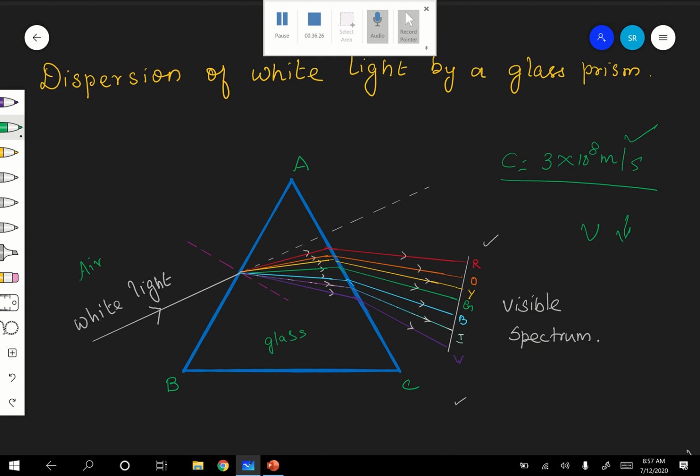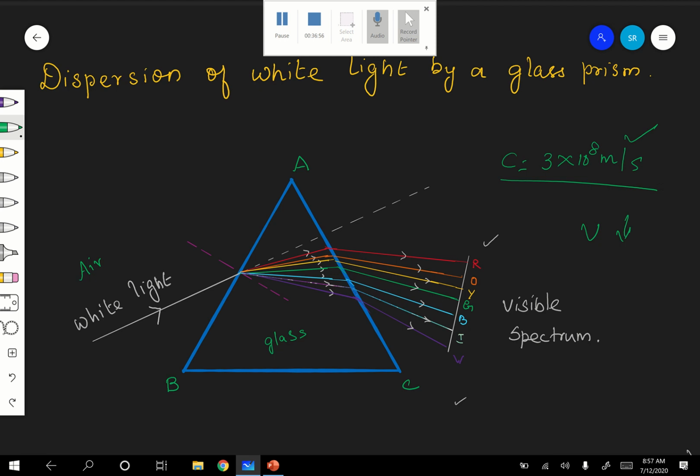All the colors will suffer some decrease in speed, but the decrease in speed for red is minimum and the decrease in speed for violet is maximum. Are you following? All are not suffering the same decrease in speed. Red color suffers the minimum decrease in the speed, and violet color suffers the maximum decrease in the speed. Is it clear, children?